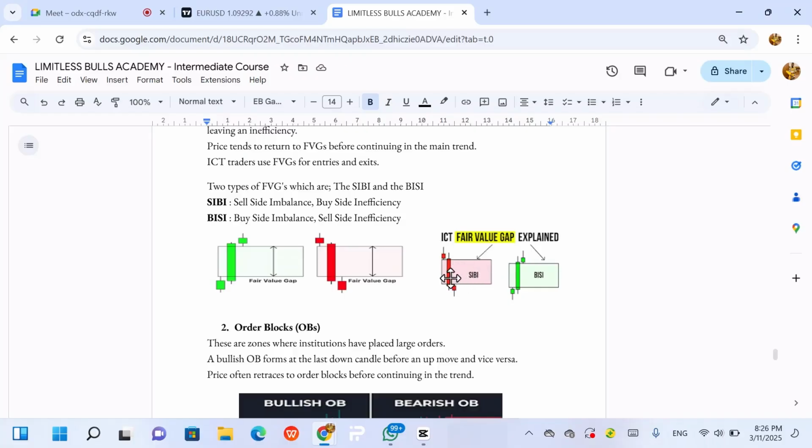It's just like when you want to set up an equilibrium system, a kind of pulley system: you need to check the coordinates to see that it is well positioned to give you balance. So this is CB, an imbalance, because buy side is inefficient to fill this, and this is BC, buy side imbalance, and sell side is inefficient to fill this.